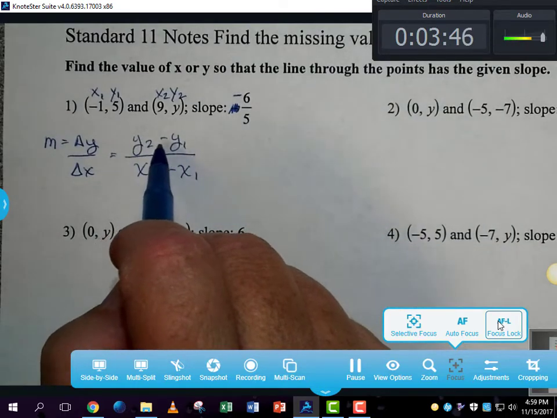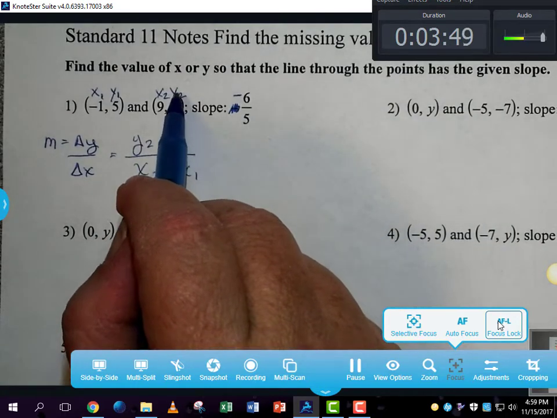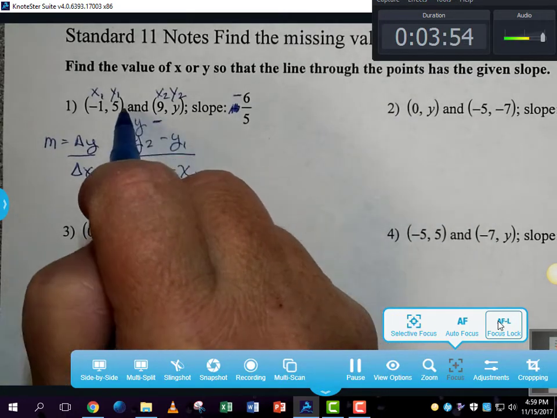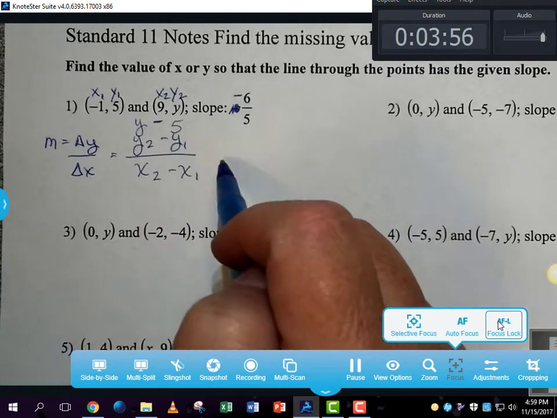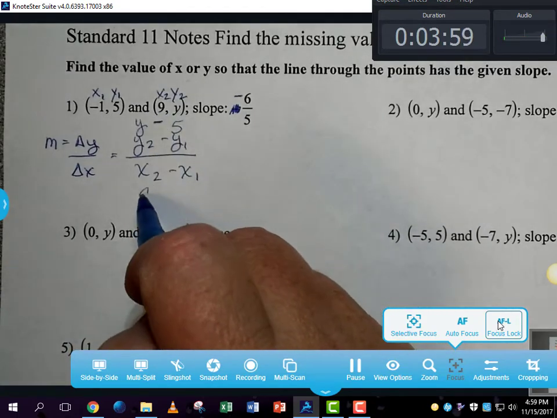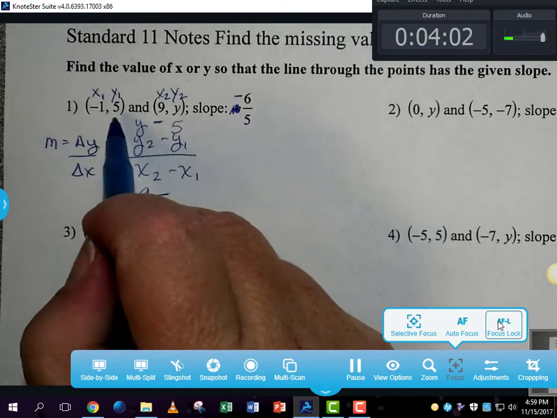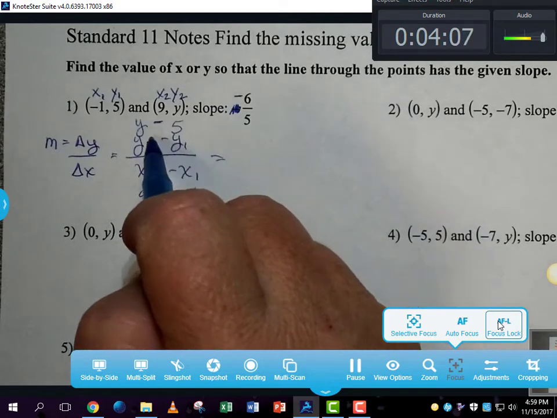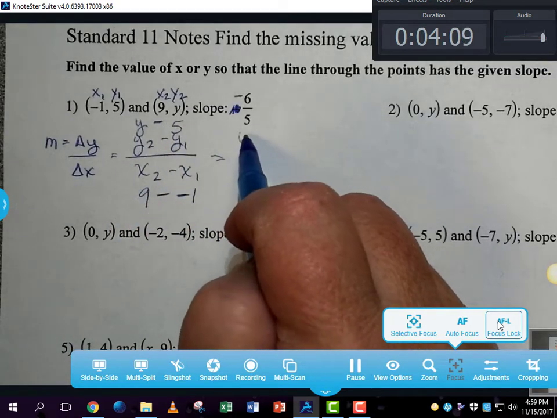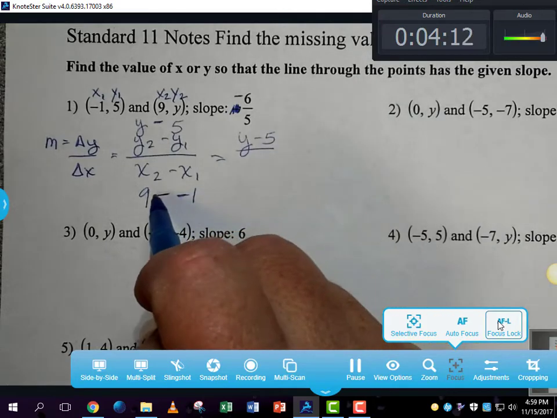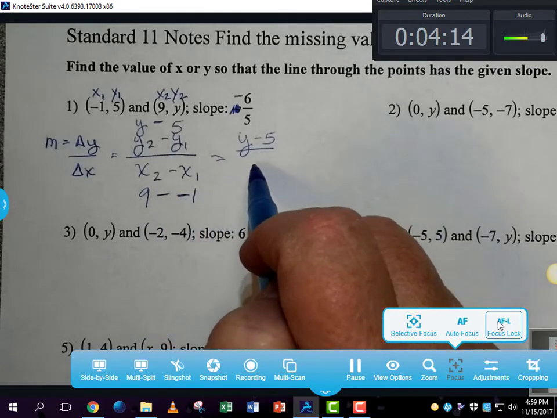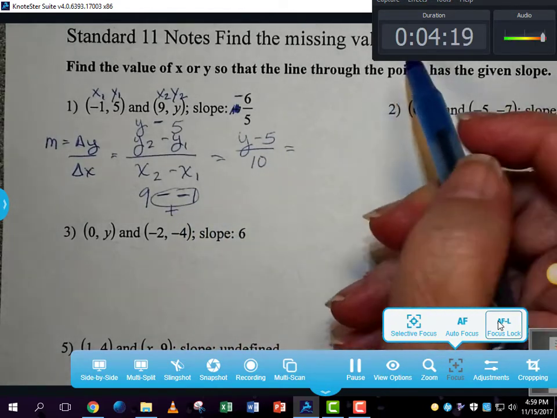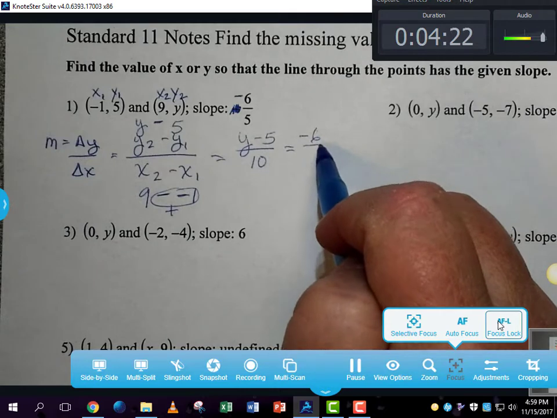So when I have y sub 2 minus y sub 1, y sub 2 is simply y, minus y sub 1 is 5, x sub 2 is 9, minus from the formula, right? And x sub 1 is negative 1. This is going to give me y minus 5 in the numerator. And this is going to give me 9 minus negative 1, right? When you subtract a negative, you're really adding, so that's going to be 10. And that needs to equal negative 6/5.